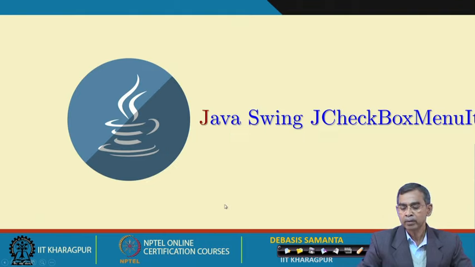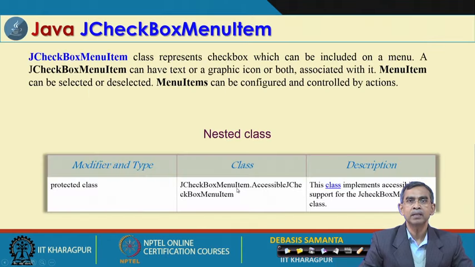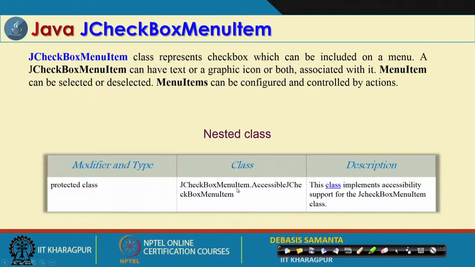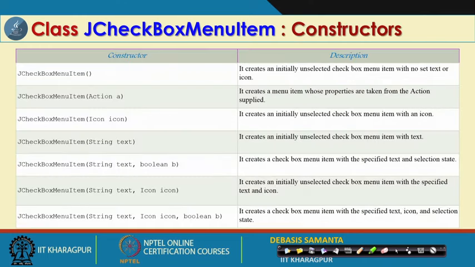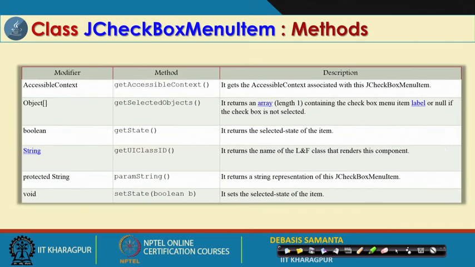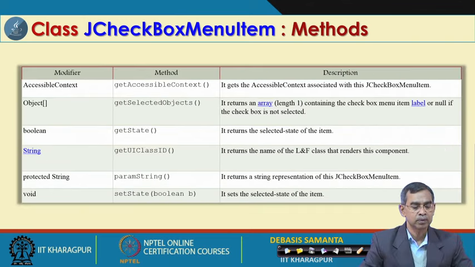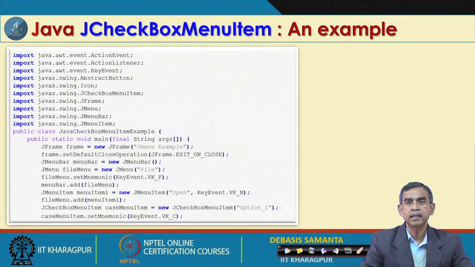So, this is the pop-up menu, and then the Java Swing checkbox menu item. The checkbox menu item is very similar to the checkbox concept. There is the AWT class. It is basically under the component class in the other. It has so many constructors and is a little bit complex to use. And then this is an example.